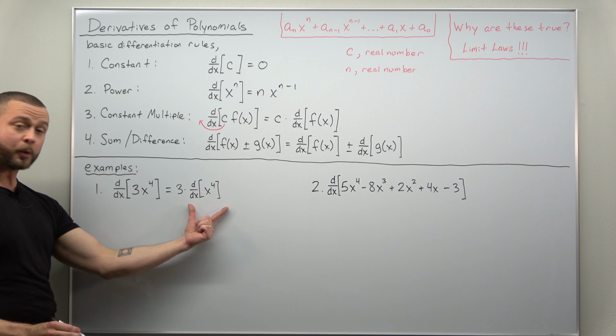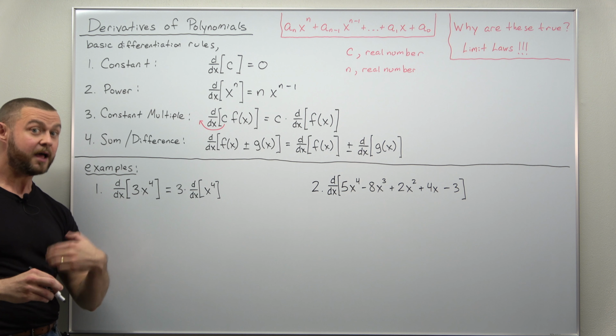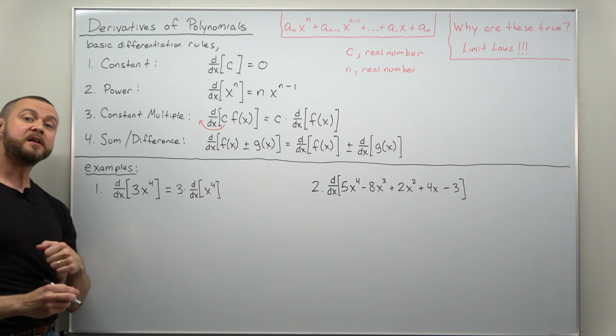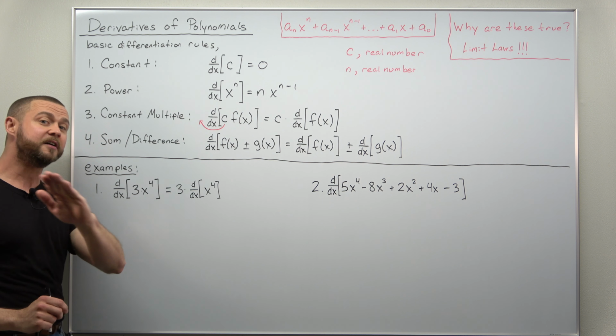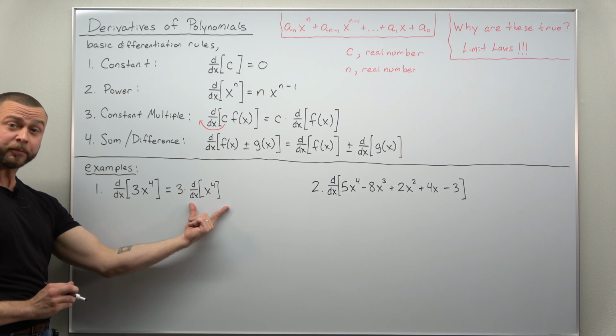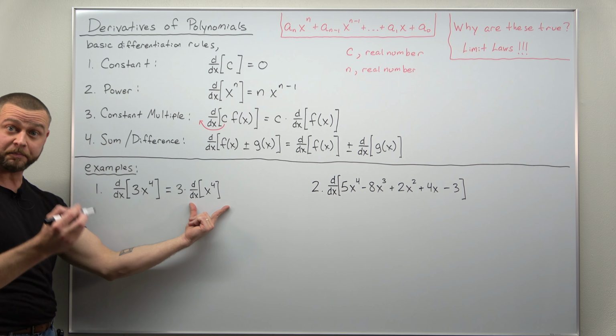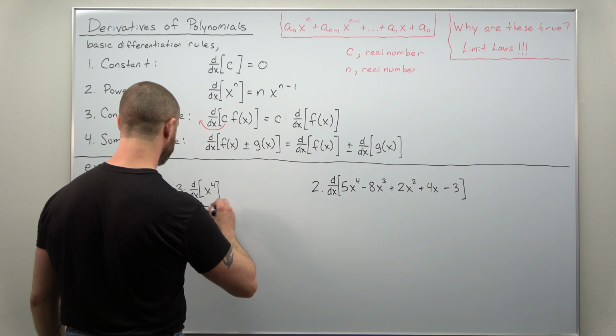Now notice what we're doing is we're taking something complicated, and this is really not complicated, and breaking it into simpler pieces. This is what I call divide and conquer. Here we now have the simpler problem of differentiating this basic power of x. That's where we can apply the power rule.